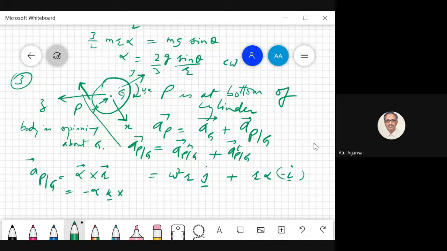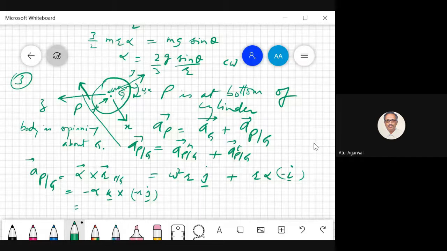R has to be measured from point G to point P. The observer is here, so he will measure from here to point P. So what is your RPG? It is minus Rj. You have to come in the opposite to the positive y direction from G to P.